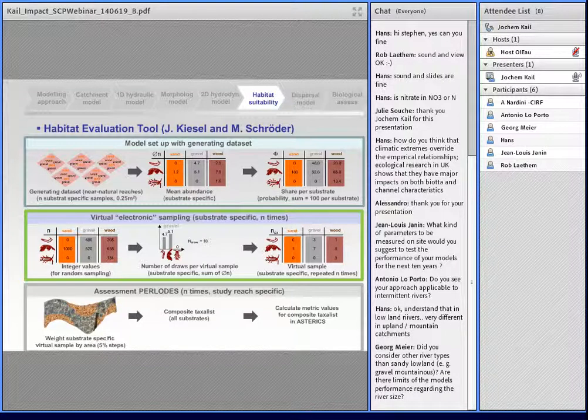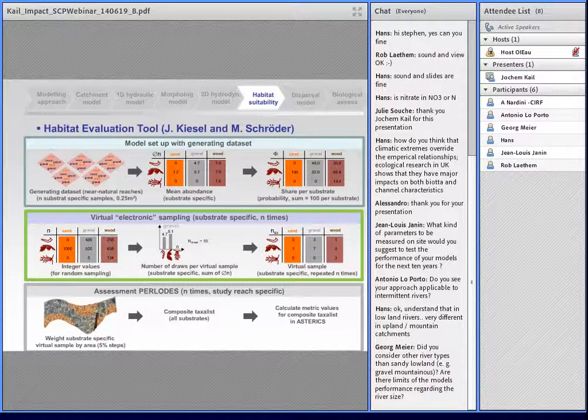But I think it would be a challenge to apply to intermittent river, because there you have these kind of pools which remain in the river and which have a large influence on the recolonization of the dried channel after the re-wetting.